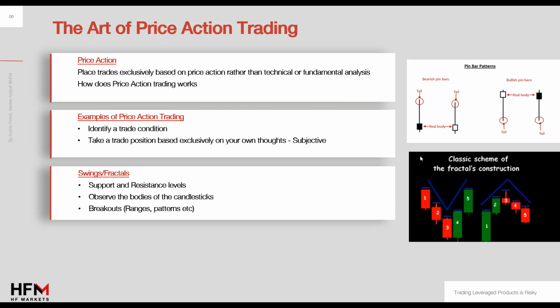Over here you can see that it opened here, because it's the black one, so it's a bearish candle. It tried to move as high as here, but it didn't manage, and at the end the bears win and it closed over here. So we have a small body candle and a very large tail to the upside.